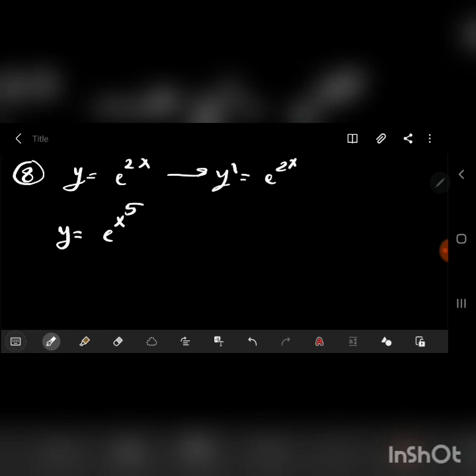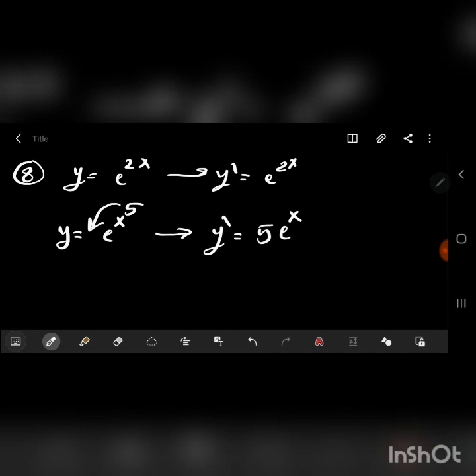So here y prime equal to, I put 5 beside e, so it will be 5e to the power x to the power 4. This is the difference. The first one has only x as the power of e. The second one has a power on the power of e. So if the power of e has its own power, I put that power beside e.